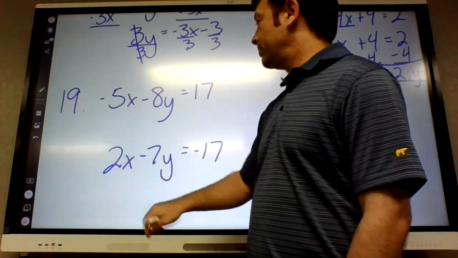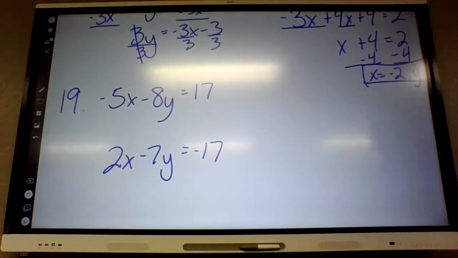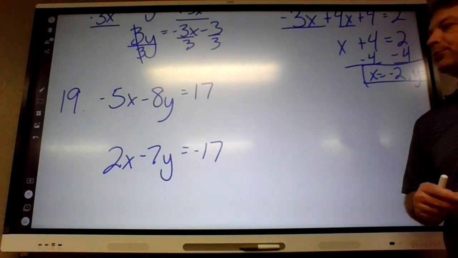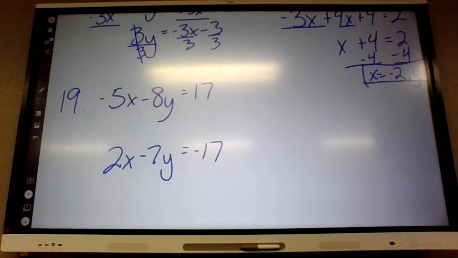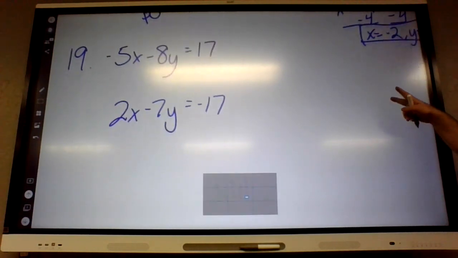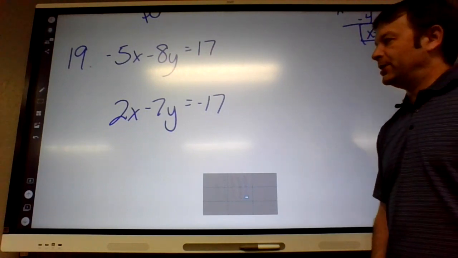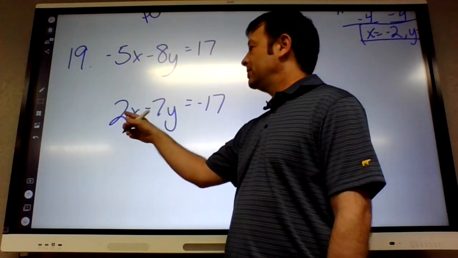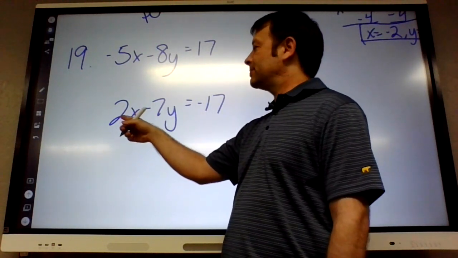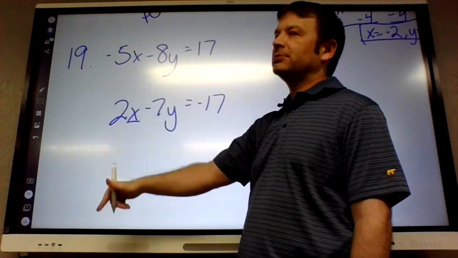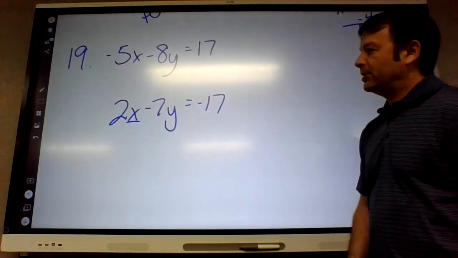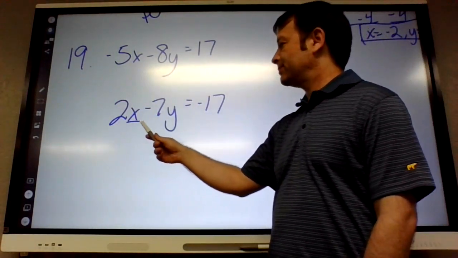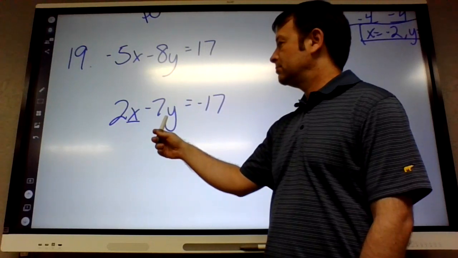Okay, well, the problem on this one is that there is no x or y that's particularly easy to get by itself. So there will be fractions no matter what we do. If I were doing it, I would get this x by itself because dividing by 2 is less messy than dividing by 7 or 8 or something. So, Anya, how could I get this x by itself? You divide by 2.